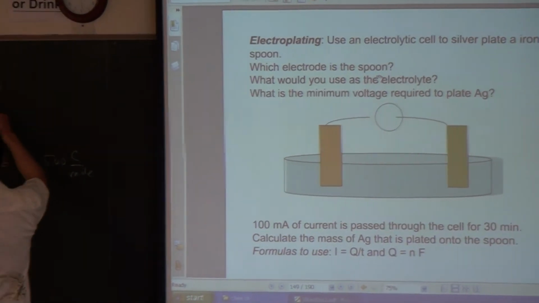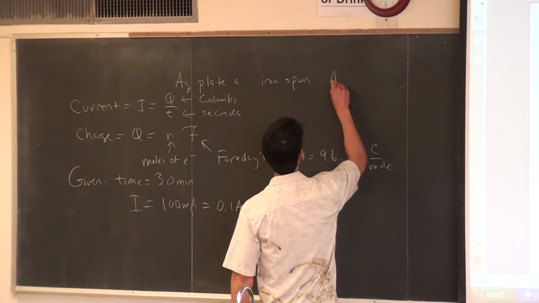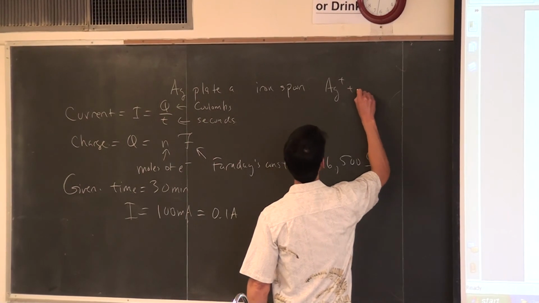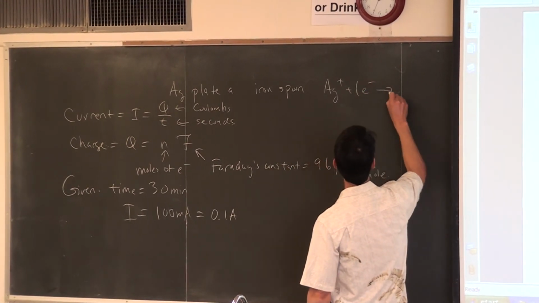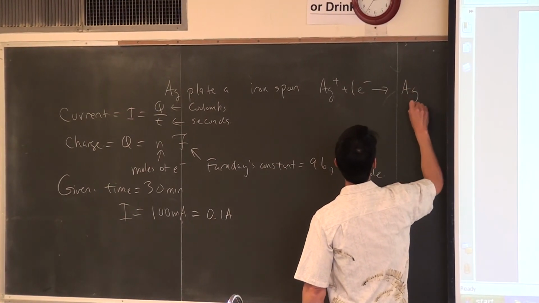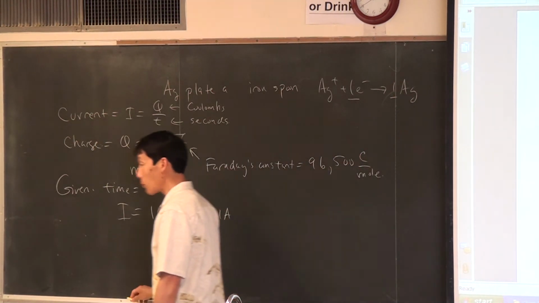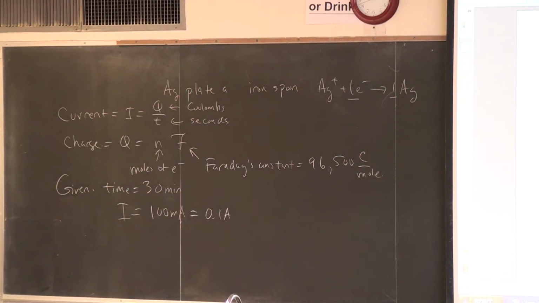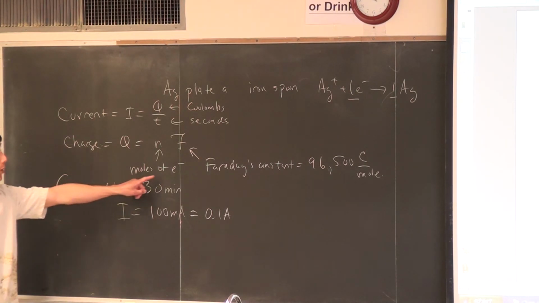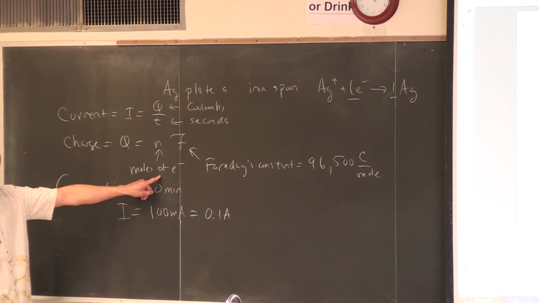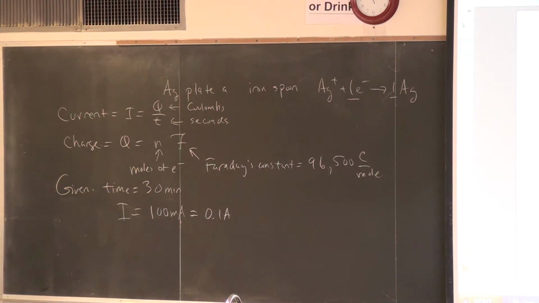So we know that the reaction would be silver ion plus one electron producing one silver. So note that the mole ratio is that for every 1 mole of electrons which are passed, 1 mole of silver is plated onto the spoon. So once you know the moles of electrons, can you calculate the moles of silver? Then once you know the moles of silver, can you calculate the mass of silver?